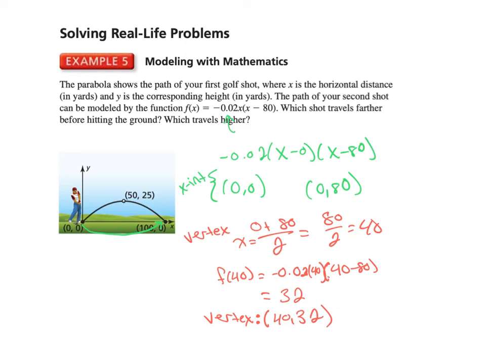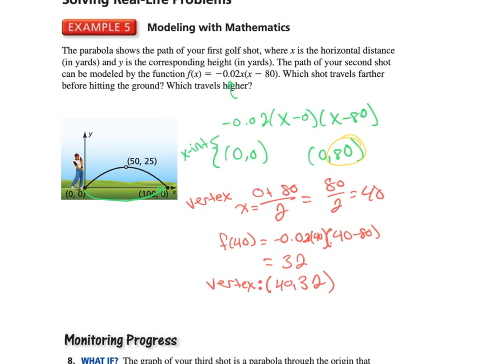Our golfer hit the ground at 80 yards. So definitely the first shot went longer. So the first golf shot traveled farther.